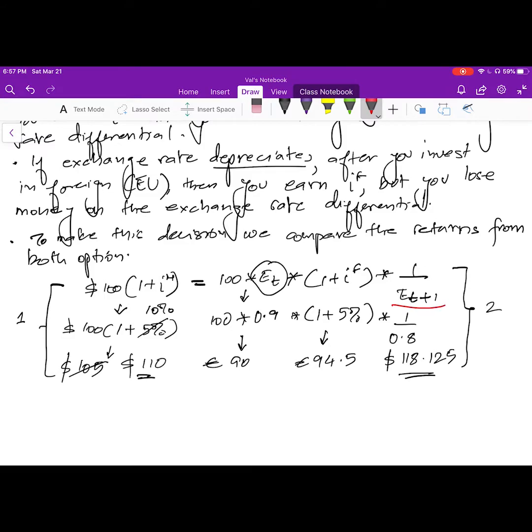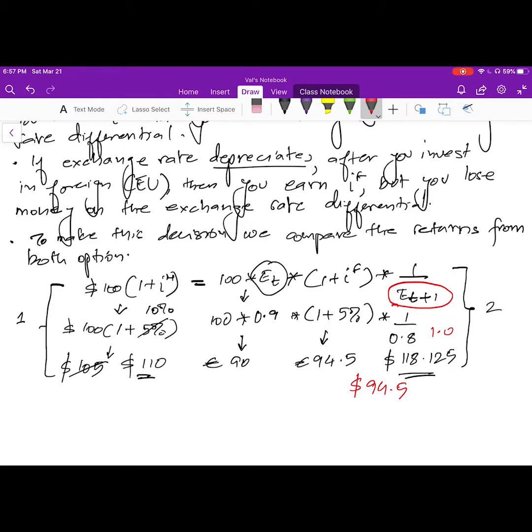If you did not know what ET plus 1, the exchange rate tomorrow, is, and instead of becoming 0.8 from the 0.9 when you started out, it became 1.0. So in other words, you get $1 for €1. Well, guess what? You'd end up with $94.50, right?